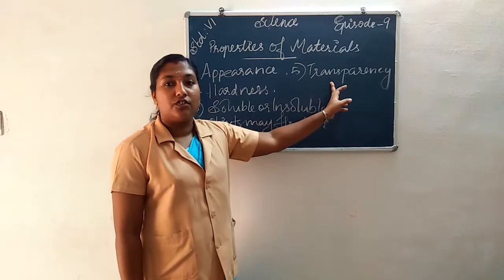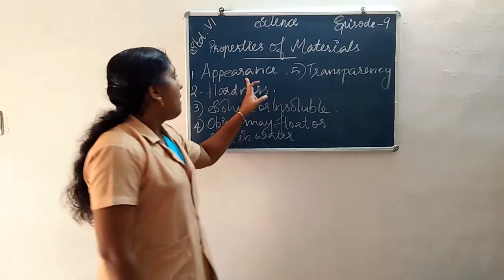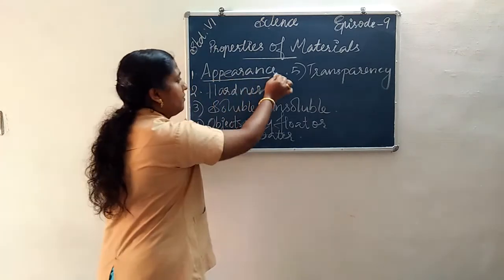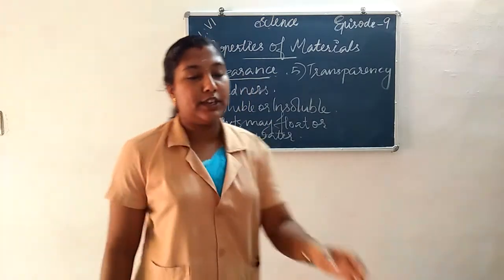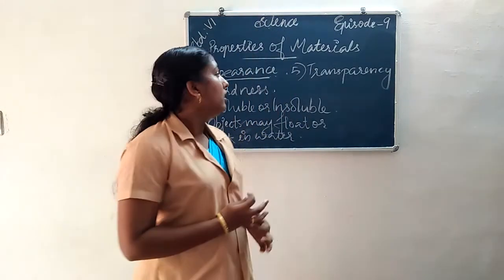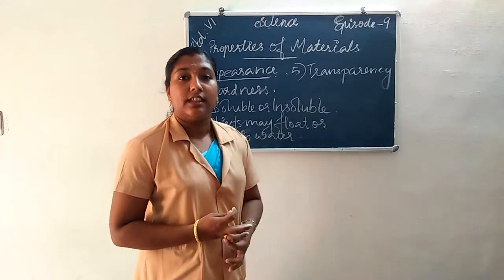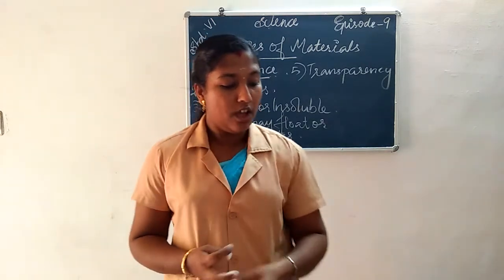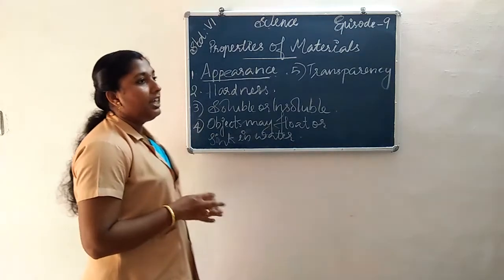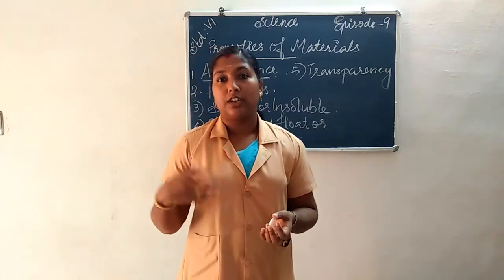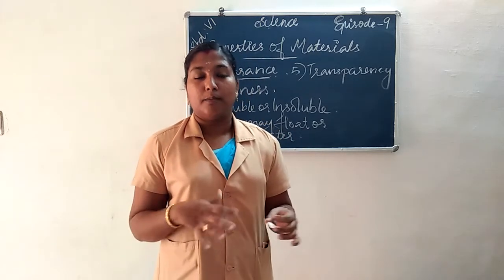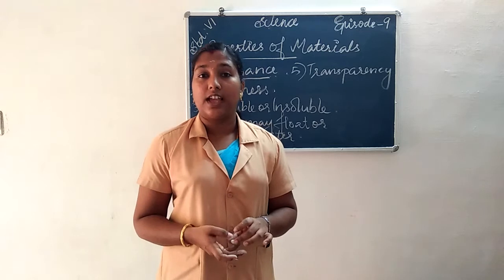First one, appearance. On the basis of the appearance of different materials, we can classify the materials. In our house, metal knives and axes are present.